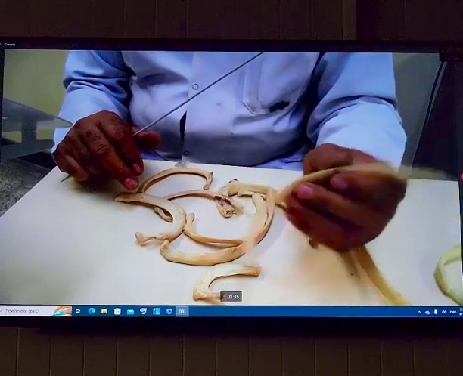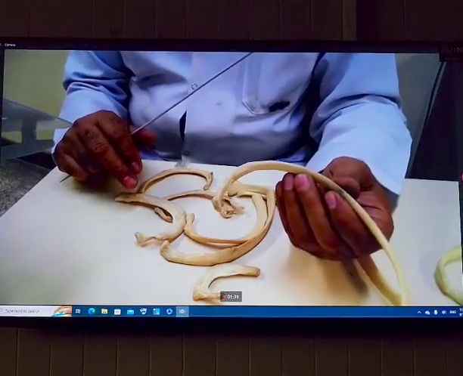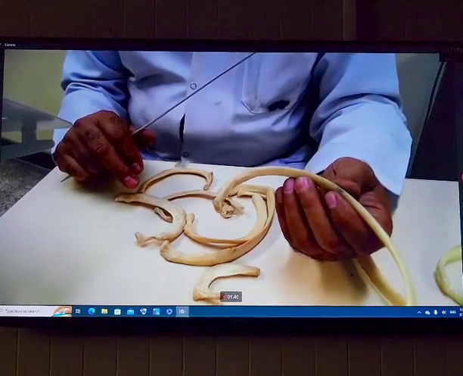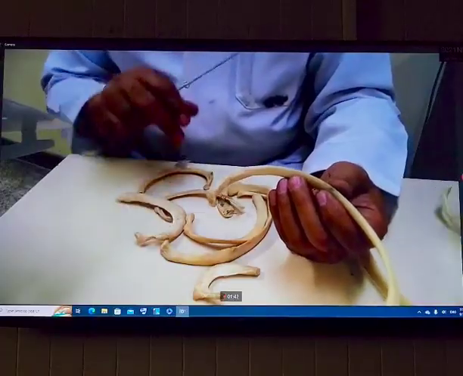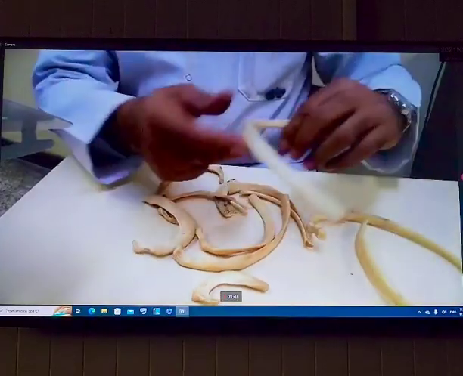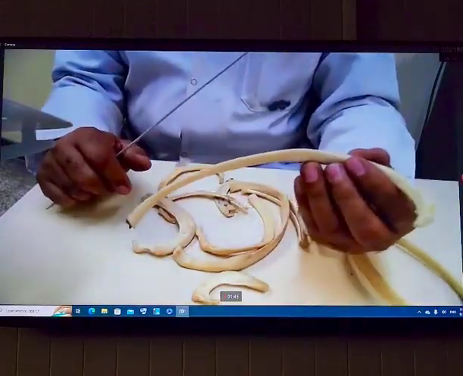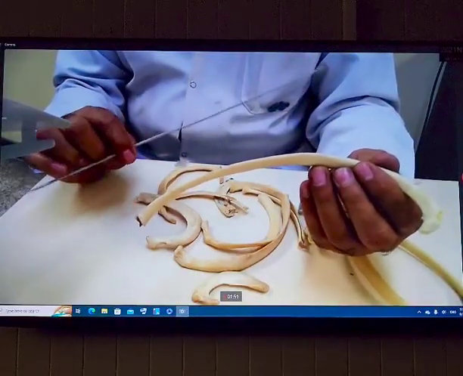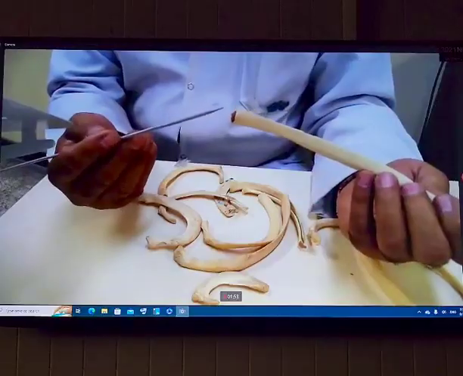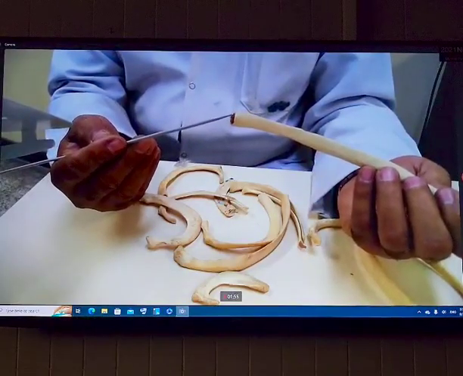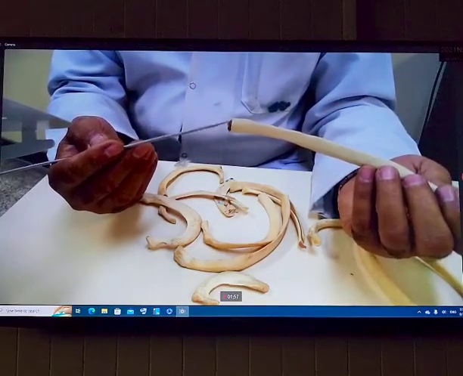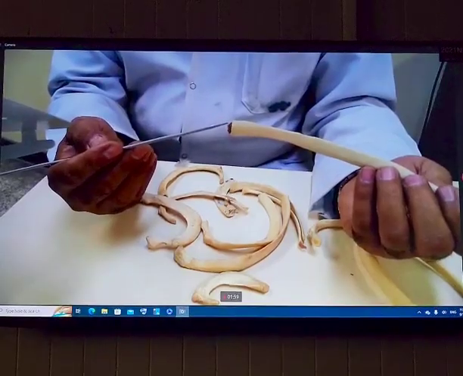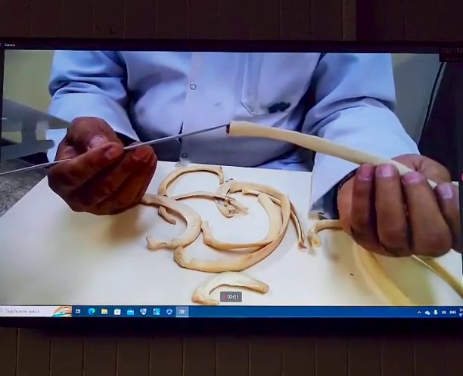How could I know that this is a typical rib? I can say that this is a typical rib because it has the following features. First, it has an anterior end that is rather concave to articulate with the costal cartilage.